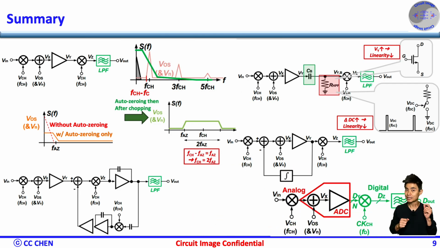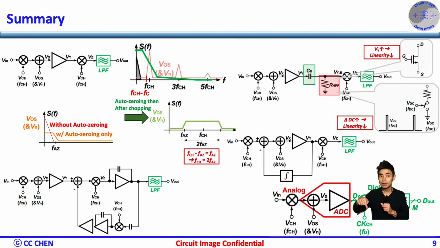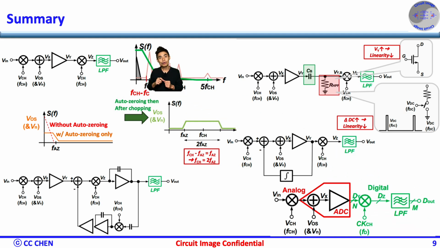Here is the summary of why we need a low ripple after the chopping amplifier for very low DC offset and flicker noise. Since the on-chip analog filter was not good enough to have low cutoff frequencies right on the signal bandwidth, the modulated offset could be inside the filter's bandwidth, and then the residual noise is still high.